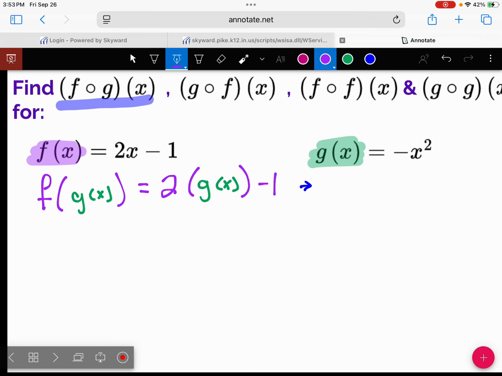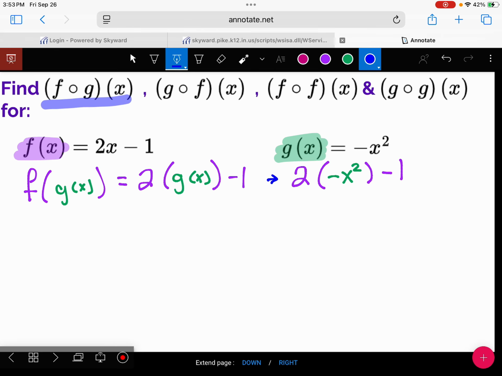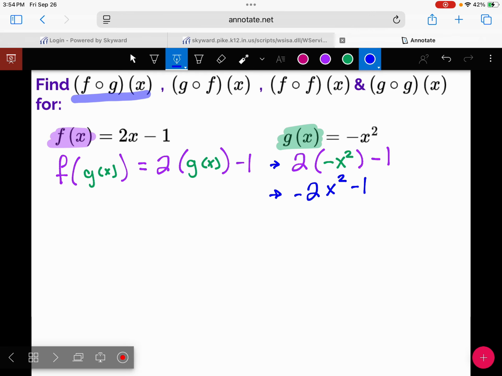This is going to give us our 2 times our minus x squared minus 1. And we do want to simplify this. This will simplify down to be negative 2x squared minus 1. That will wind up being our new function for our f of g of x, minus 2x squared minus 1.